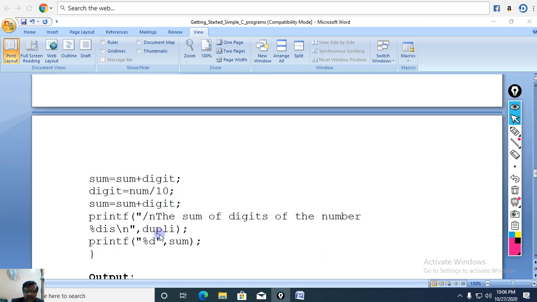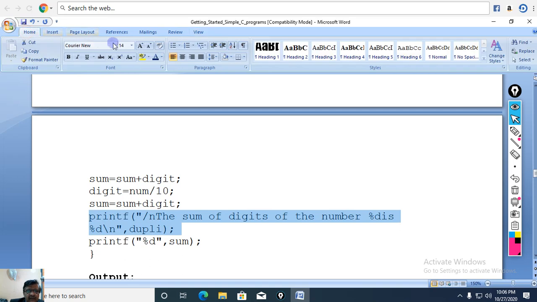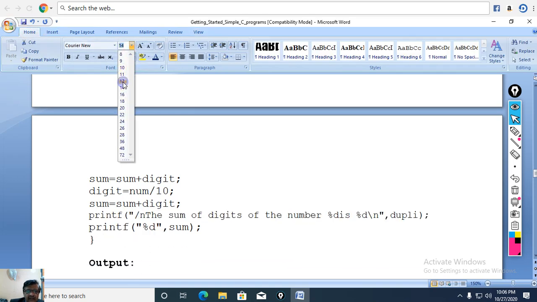The sum of the digits of the number percentage d is percentage d. We should have written percentage d is percentage d. I think it should come in a single line, therefore we will reduce the font over here so that it will come in a single line.